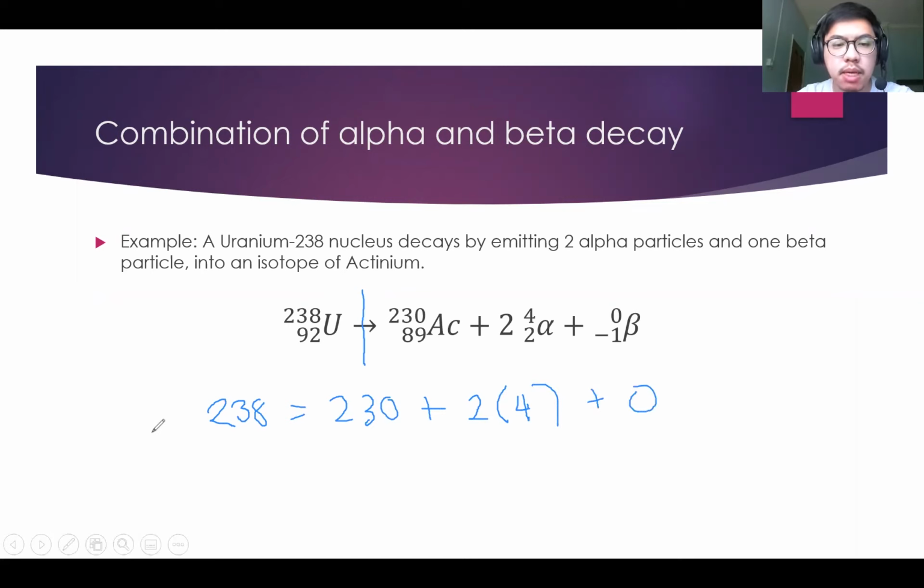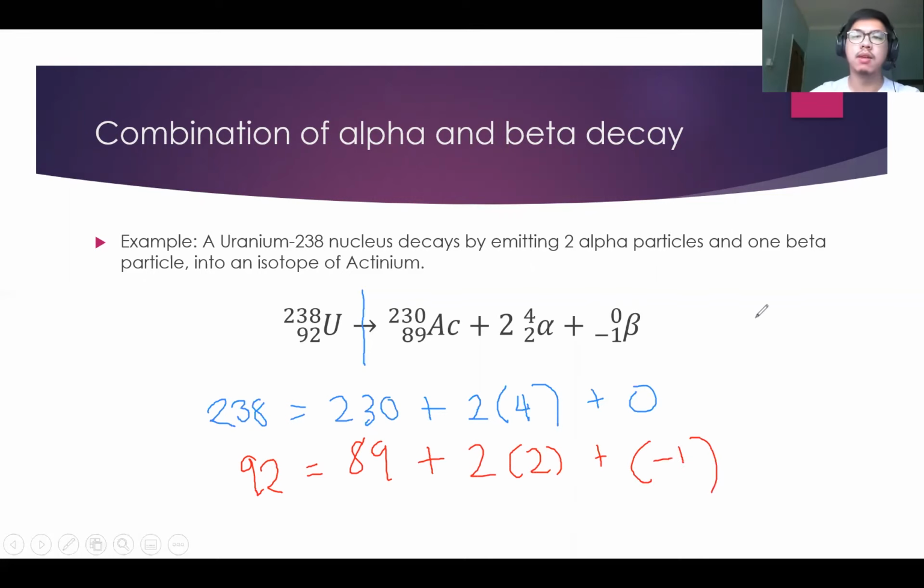Okay, that's the mass number. And for the atomic number, or proton number, it looks like this. And the left side of the equation and the right side of the equation should balance out for both cases. Okay, and that's the end of this video lesson.